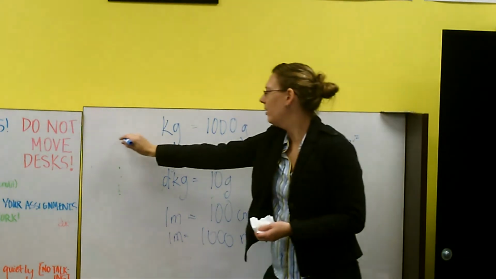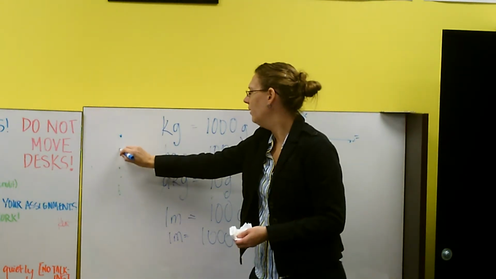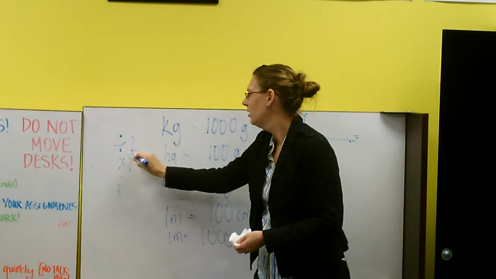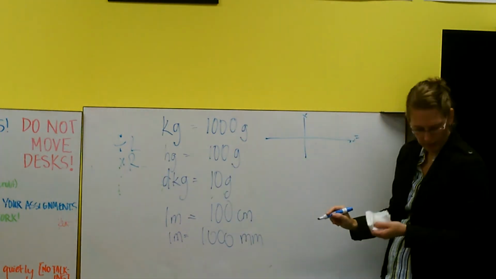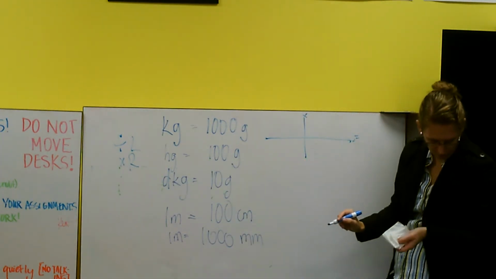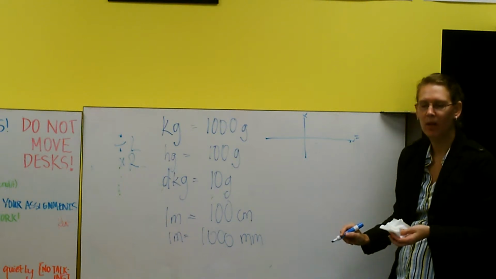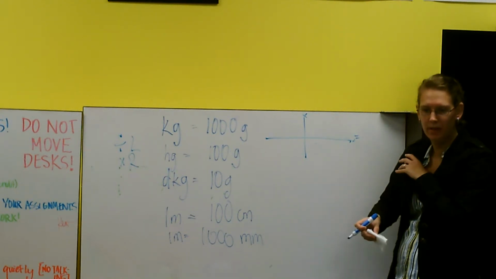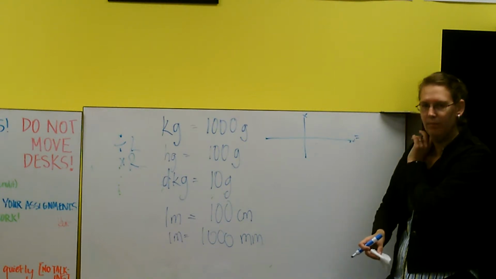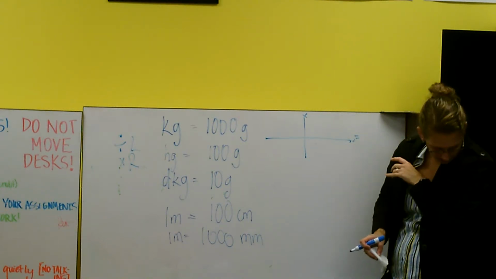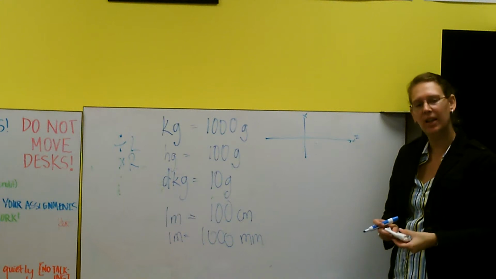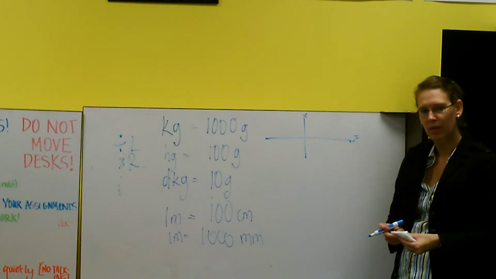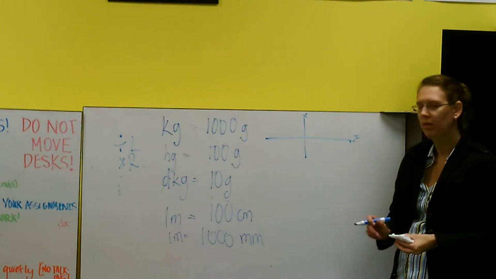So let's put that back over here. Divide, go left, multiply, go right. Okay, so we've got 486 kilograms to grams. Somebody tell me what I need to put in my table up here. Kilograms to grams? 486 kilograms. Okay. To grams. So that would be kilograms.